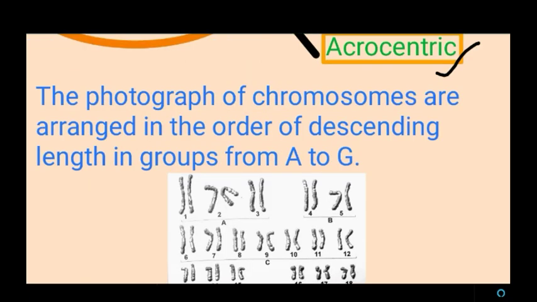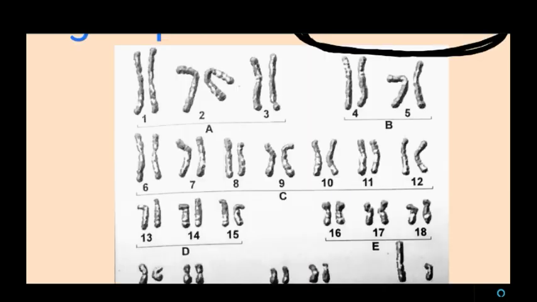The photographs of the chromosomes are arranged in order of descending length. During karyotyping, the chromosomes are arranged in homologous pairs according to their length, and grouped under A to G. The chromosomes are grouped into 7 groups, named with the alphabets A to G. This is the picture of the karyotype.